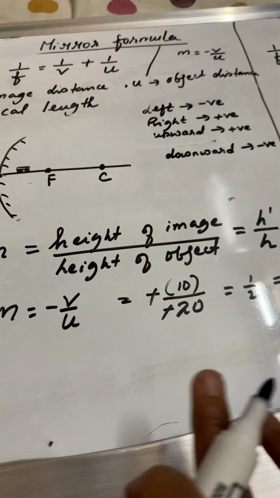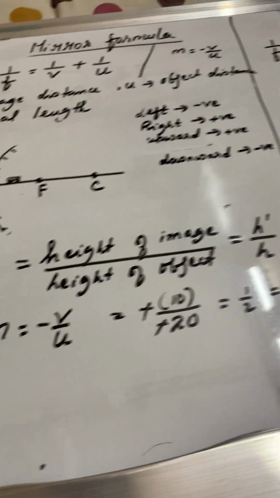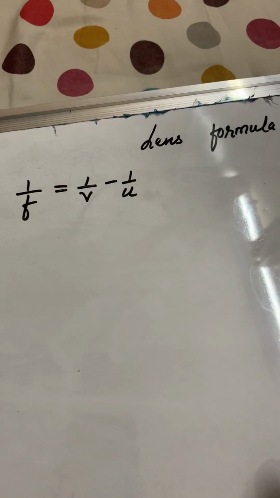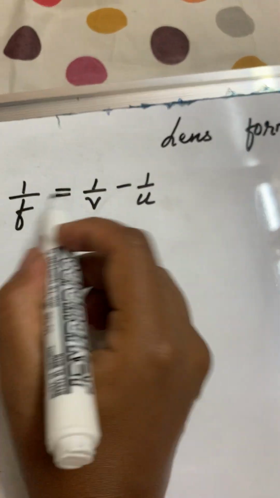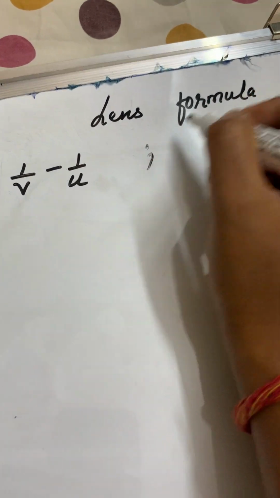Okay. So this is about the magnification of the mirror. Now just similar with it, we can have for the lens also. Okay, here in place of plus there is minus in the formula, and the magnification formula is the same, h dash by h, but in terms of v and u, it is v by u only, no minus is there.